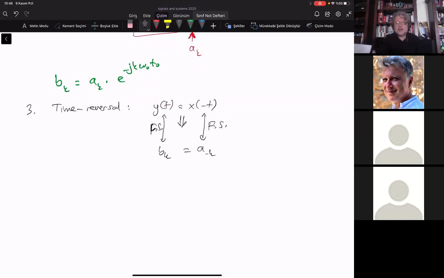So bk will be equal to a minus k. So if you flip around the signal, it also means that you flip around the Fourier series coefficients. Of course, as long as the signal is real.